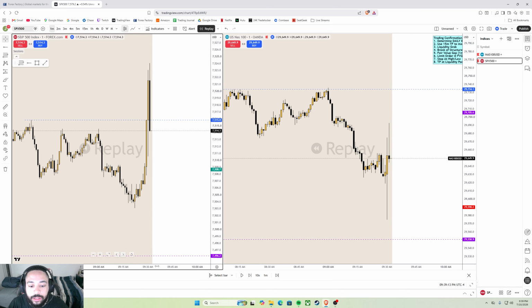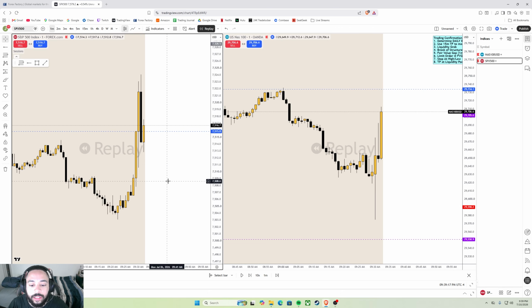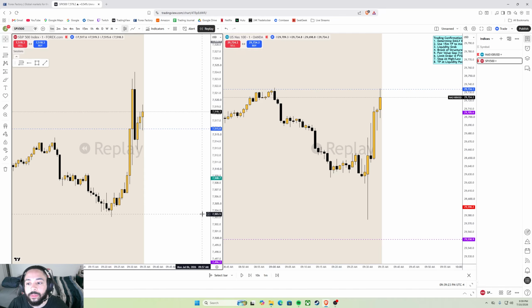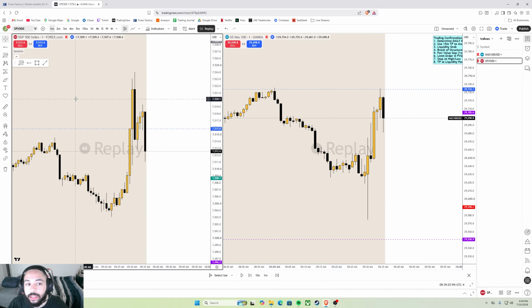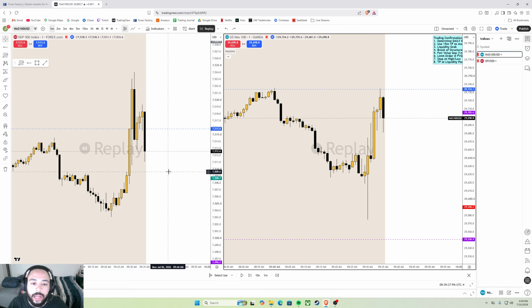So now, because the S&P targeted buy side liquidity, I'm waiting for price to leave a bearish fair value gap. Right now, we're not getting anything. You can see the NAS attacked some liquidity, but it didn't break that high. So we're still not entertained by the NAS.